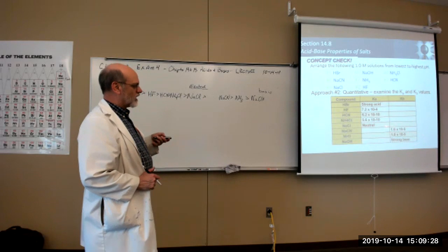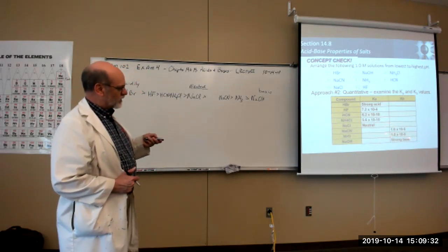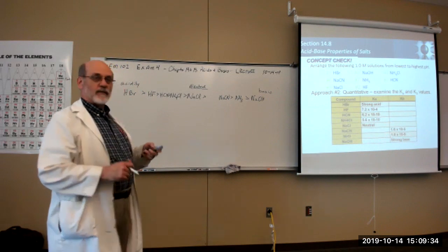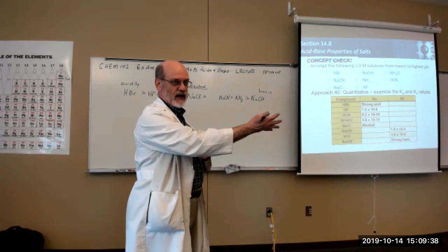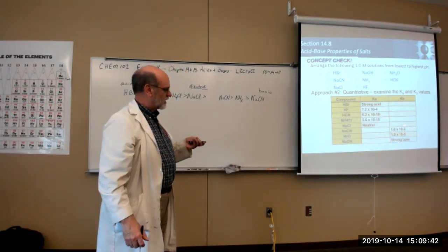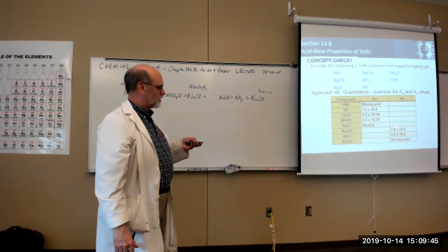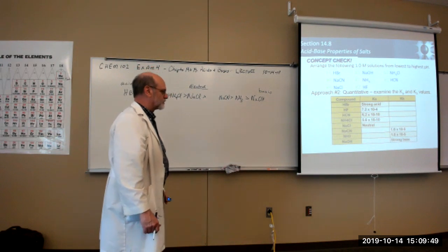And then we can compare the Kbs. So the most basic is going to be the largest number here. Why? Because the Kb produces hydroxyls on the product side. So the larger Kb is going to be the more basic. And this would be the less basic, but not by much. They're very close.